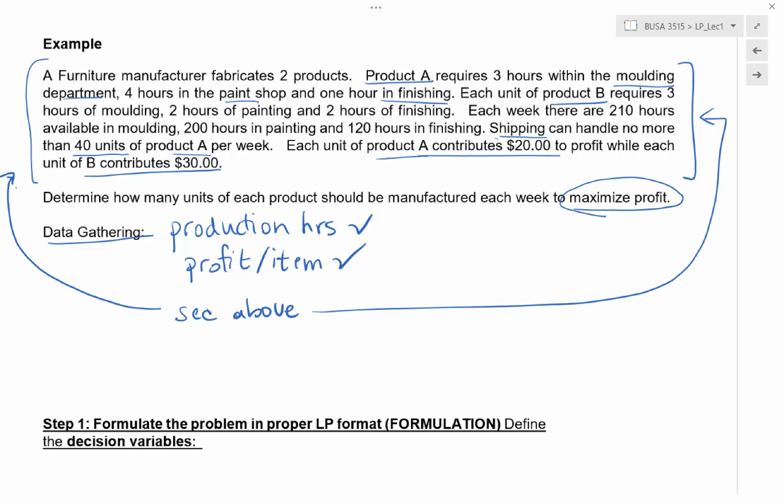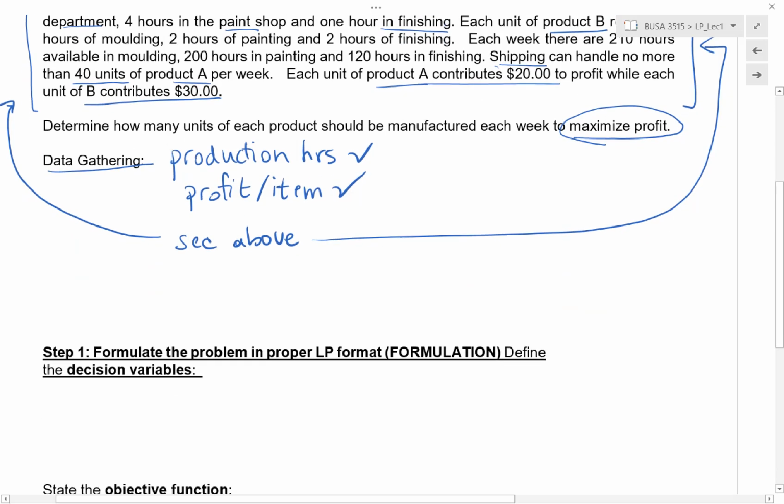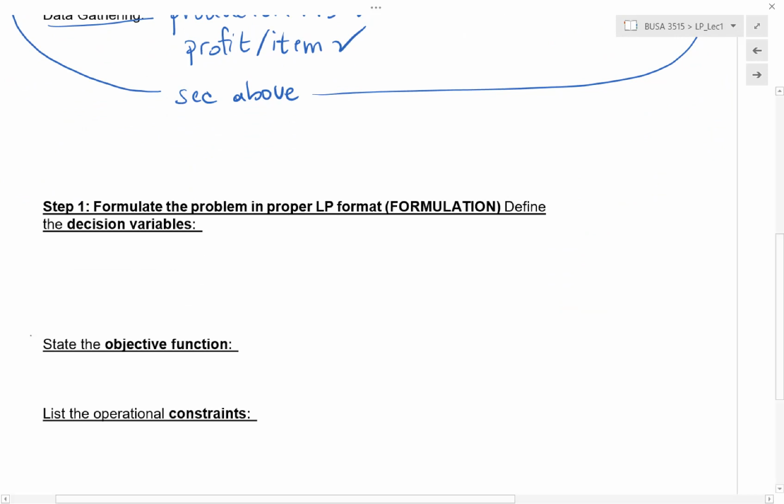And now we're going to take this word problem, if you will, and turn it into an algebraic linear programming problem. What I mean by that is we're going to define what's called the objective function. We're going to define our variables and our constraints. I like us to actually start with the objective function.